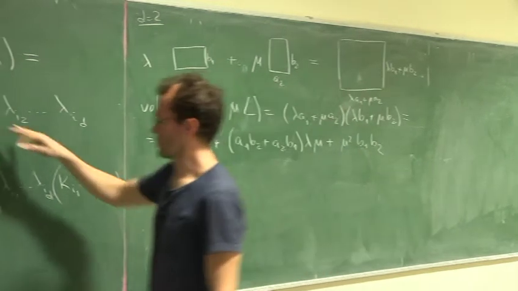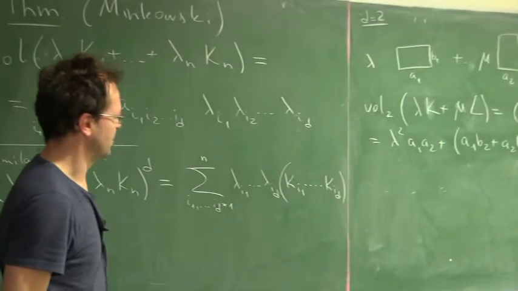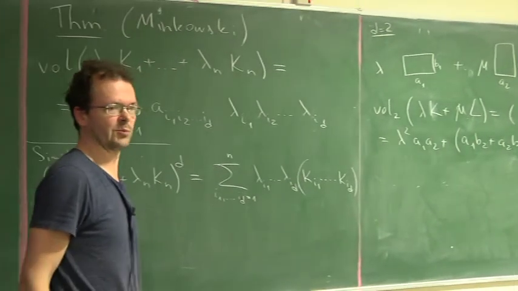Now we look at this formula. So we have indeed a homogeneous polynomial of degree 2 in lambda and mu.